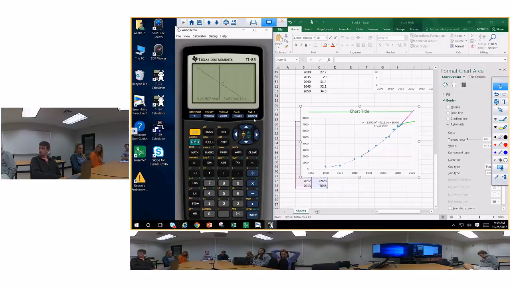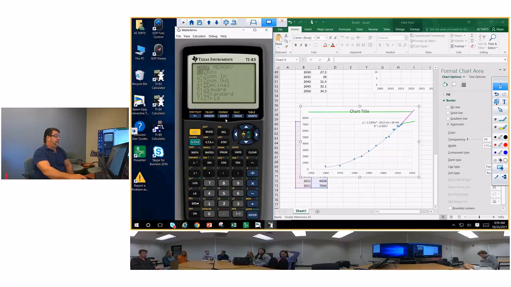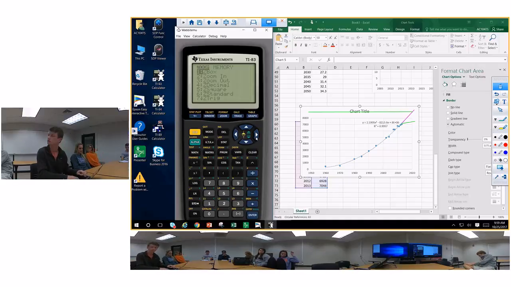Okay, it's not looking good so far. Looks like I either typed something in wrong or that looks nothing like what I'm doing. Zoom out.